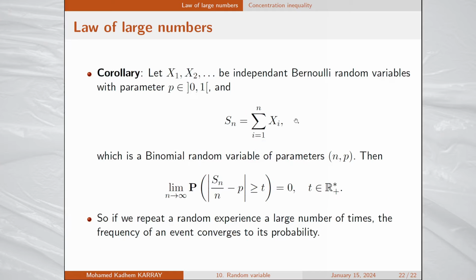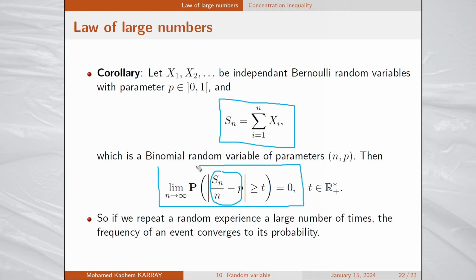Here is a particular case of the law of large numbers. It says that if x1, x2, etc. is a sequence of independent Bernoulli random variables with parameter p, denote Sn the sum for i equal 1 to n of xi, which is a binomial random variable of parameters n, p, then the probability of the ratio Sn divided by n minus p in absolute value being larger than t goes to 0 as n goes to infinity.